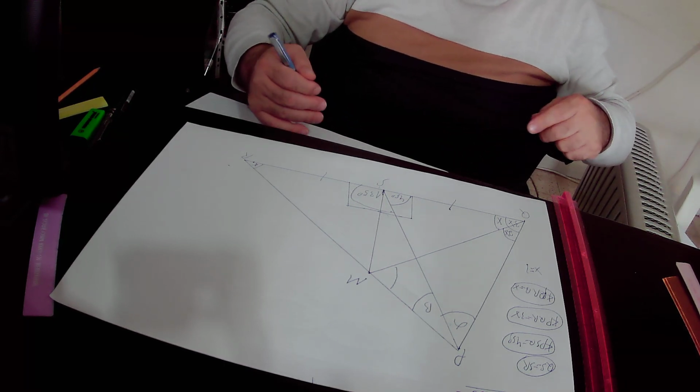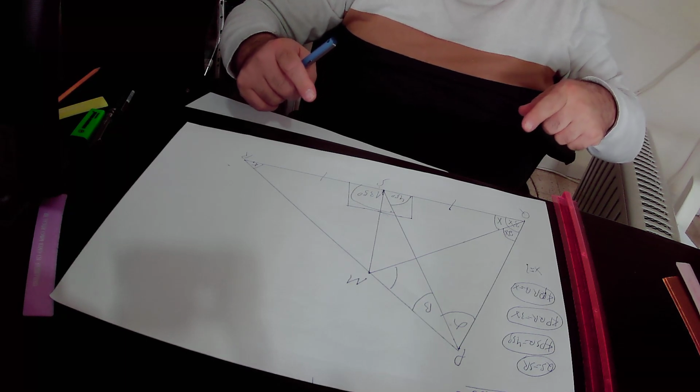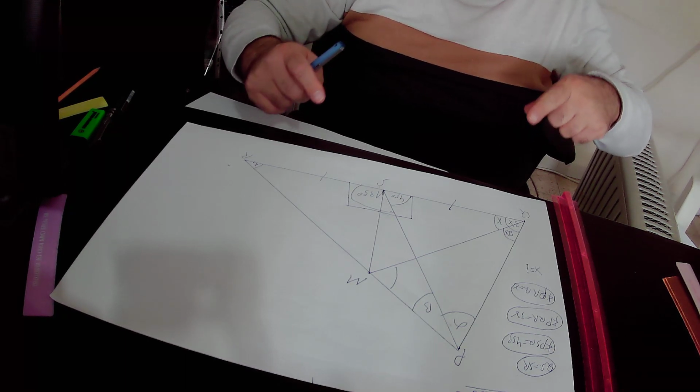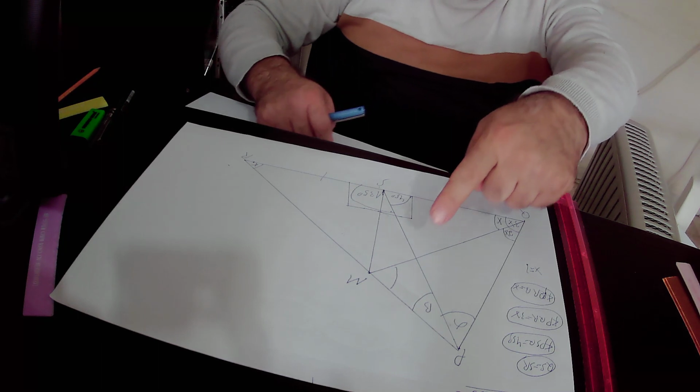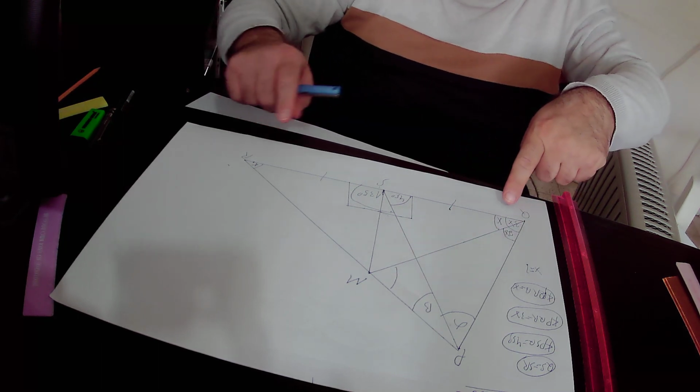The only two angles inside triangle QMR that are not adjacent to this angle are x and x.